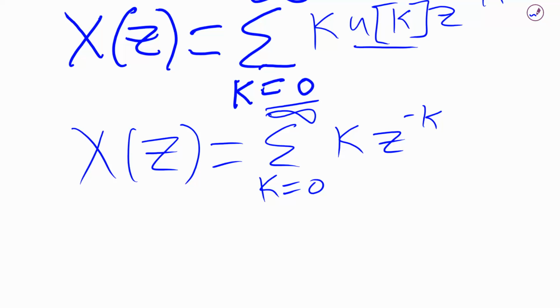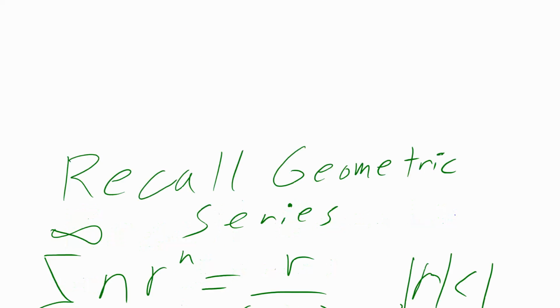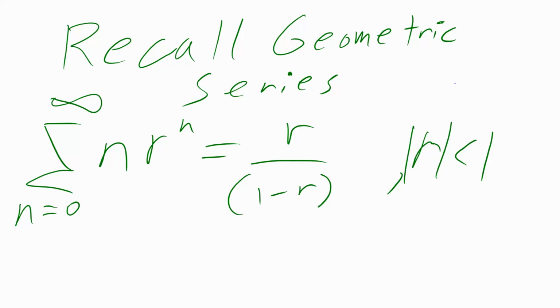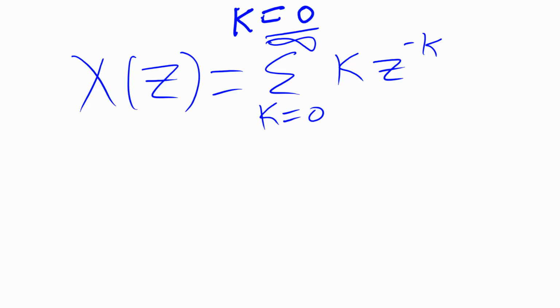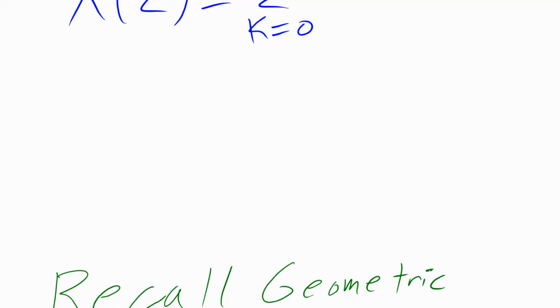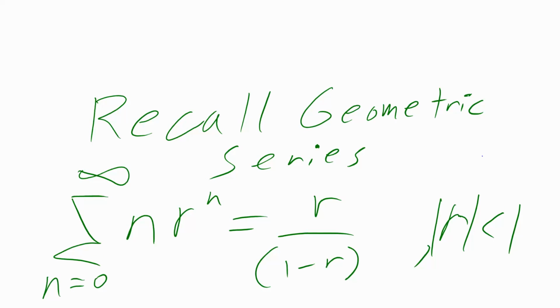Now the goal for Z transforms is to get it into a format that you can easily recognize or apply to a geometric series. Here we're pretty close. We're just going to make one more change, and just to recall here, for the geometric series, n times r to the n is the one we're going to be looking at, because as you see here, it's very close to what we have. We just have to make a few slight adjustments.